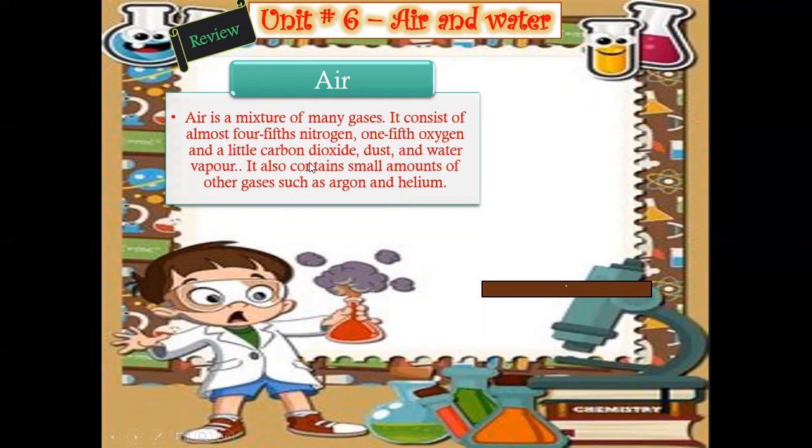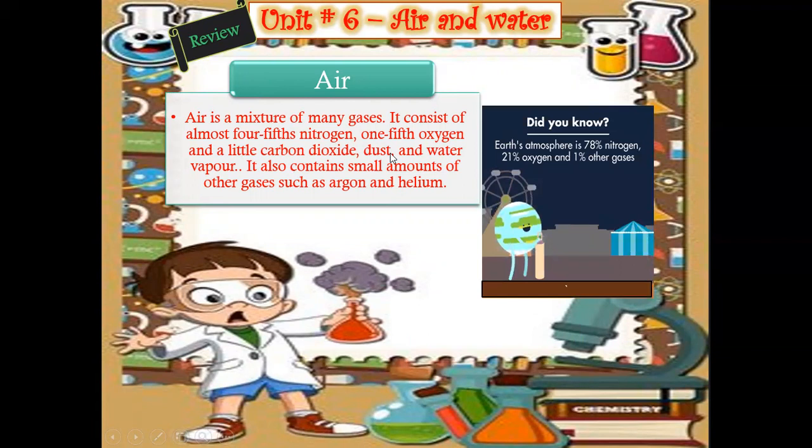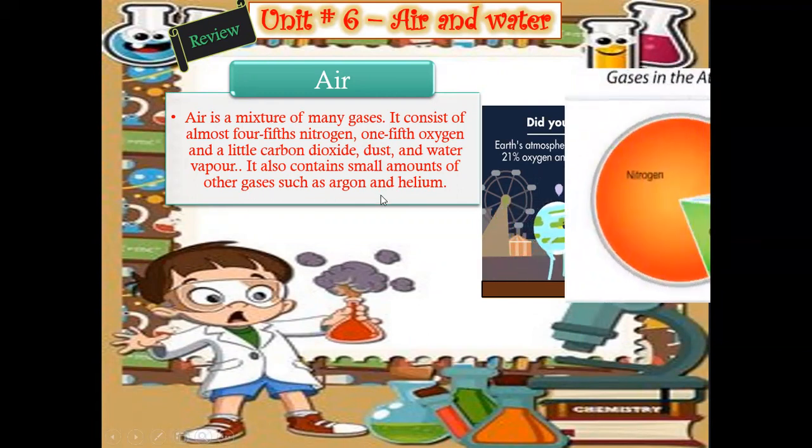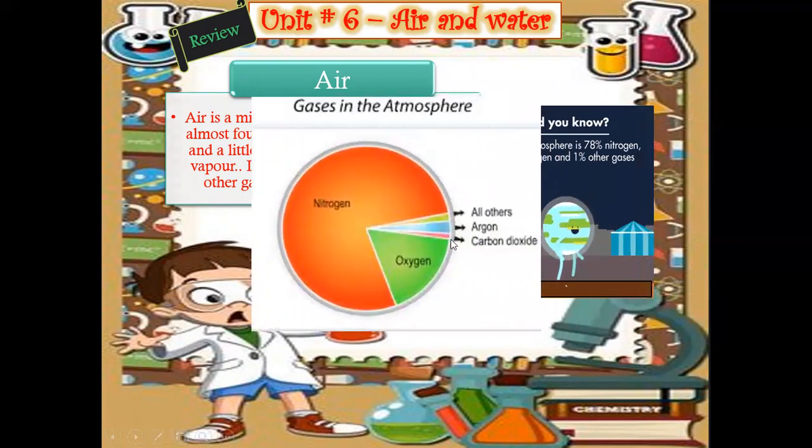Yes, air is the mixture of many gases. It consists of almost 4/5 nitrogen, 1/5 oxygen, and a little carbon dioxide, dust, and water vapor. It also contains small amounts of other gases such as argon and helium.